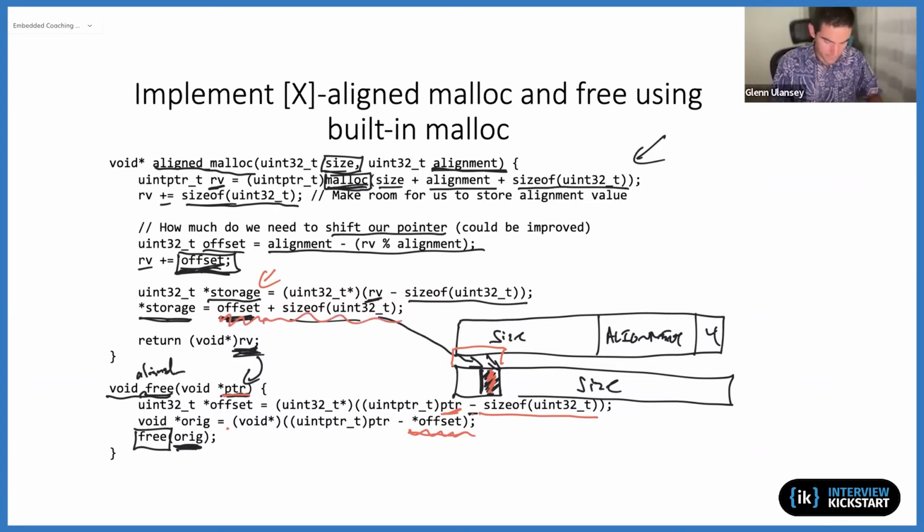And then I can take my pointer, subtract the offset, and then free that original pointer that was originally returned from malloc up above. So the key thing here is I needed to over allocate memory, and then I needed to save somewhere how much I had to shift in order to make that alignment requirement. And then I used that saved offset in free to unshift it.